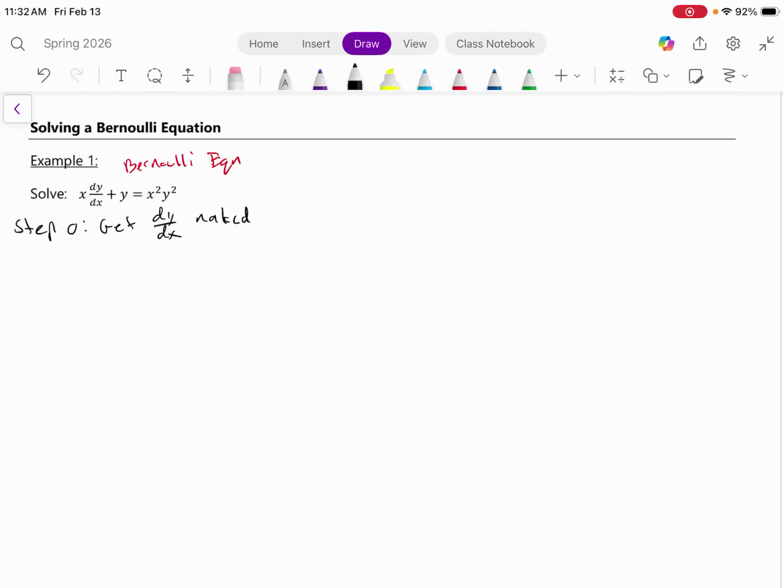So if I divide by x, what I would get is dy over dx plus y over x equals x squared y squared over x. And then x cancels out, and then we could just rewrite it a little bit to clean it up. Dy over dx plus, I'm going to bring the 1 over x in front of the y just to give us a clear view on what our functions are, equals x y squared.